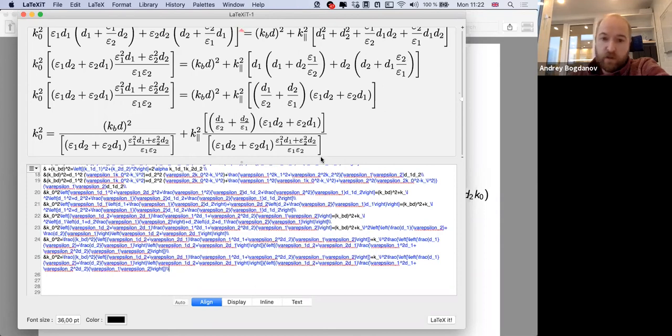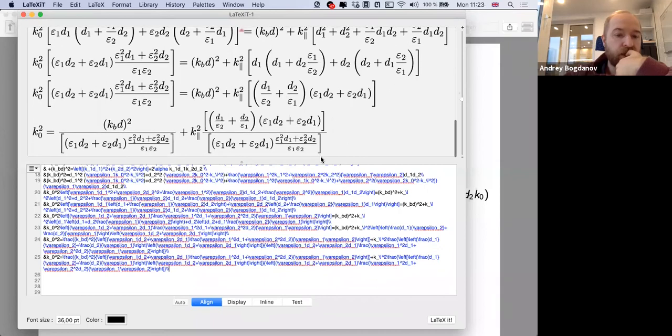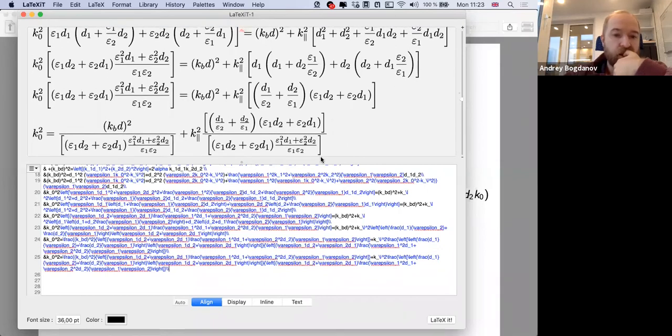Epsilon 1 d1 plus epsilon 2 d2. And in the denominator, I will have epsilon 1 square d1 plus epsilon 2 square d2. Just a moment.